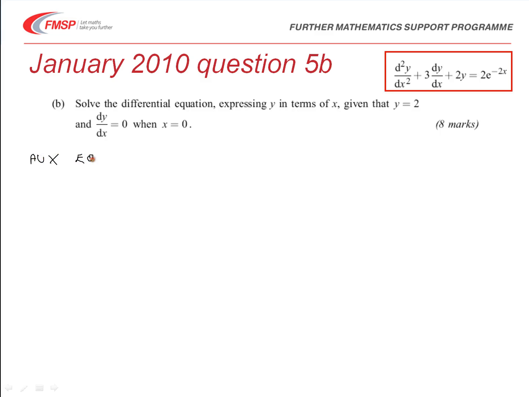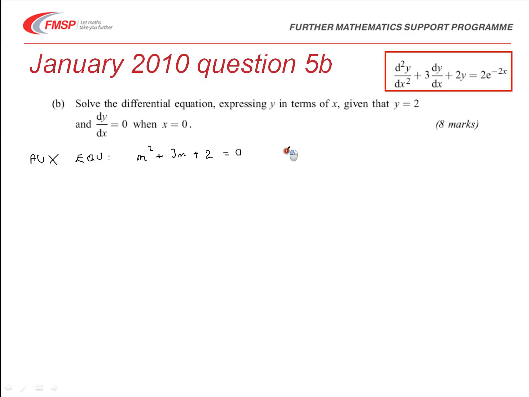The auxiliary equation is made up of the coefficients of the d2y by dx squared. Well, there's 1 of them. There's 3 lots of dy by dx, and there's 2 lots of y. So our auxiliary equation would be m squared, there's just 1 of them, plus 3m plus 2 equals 0.